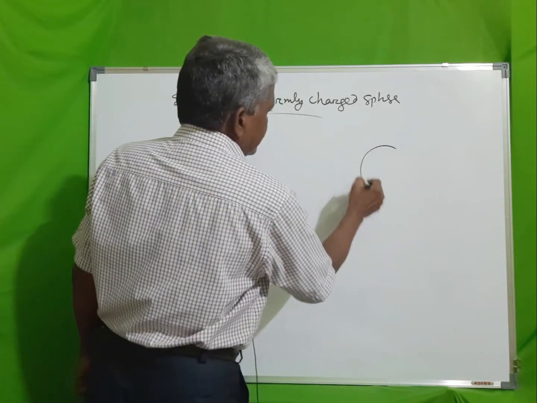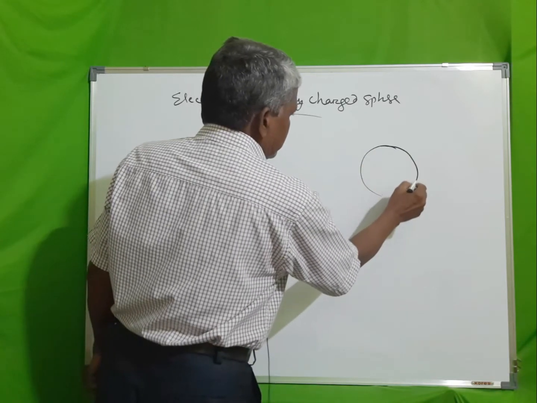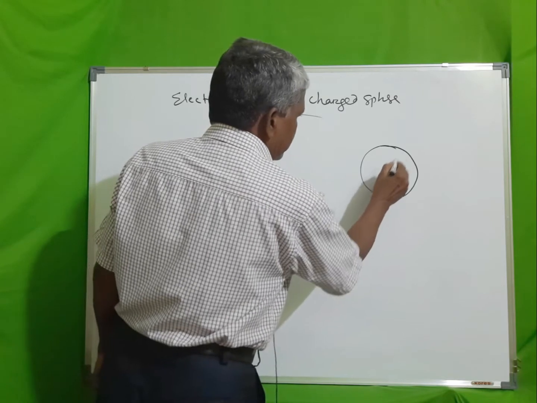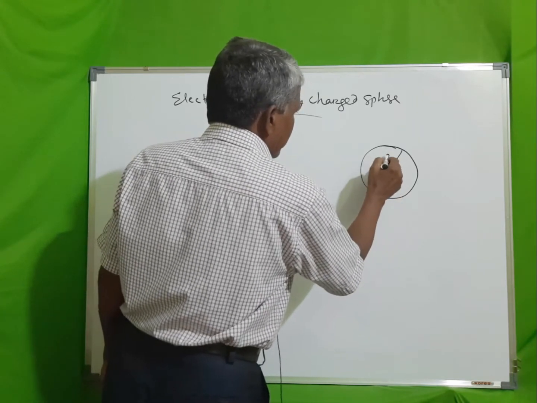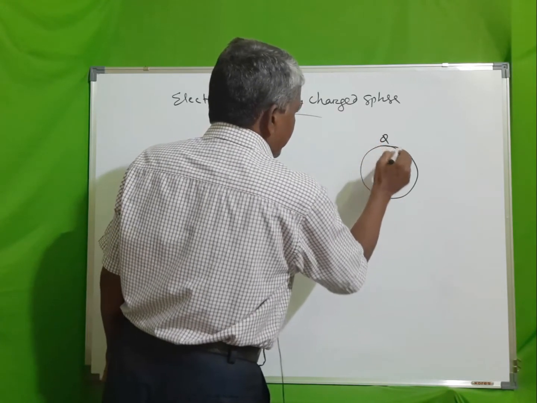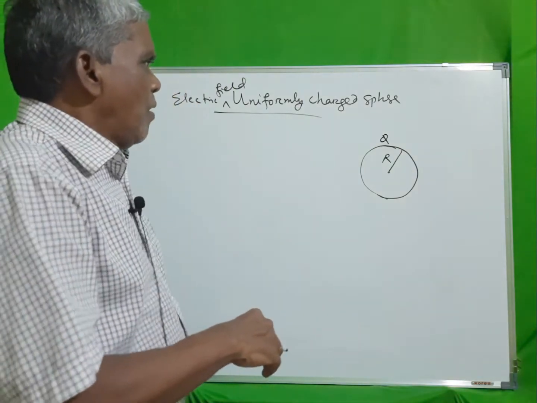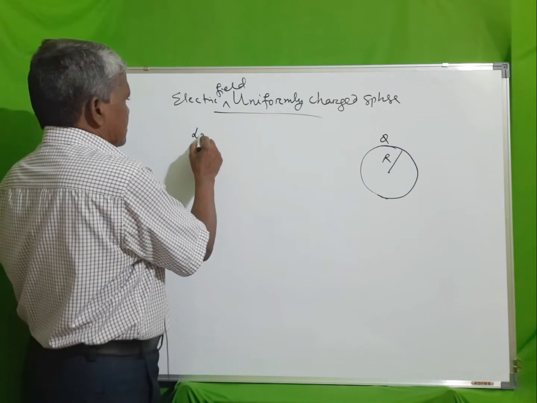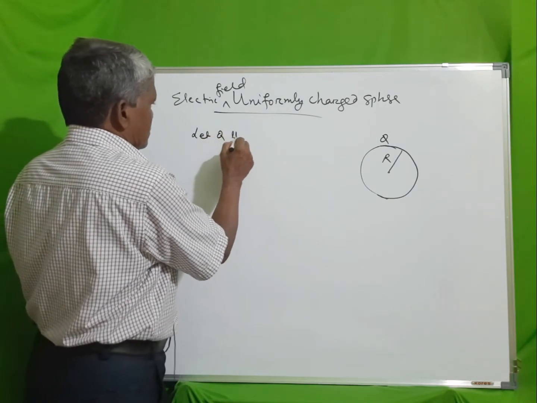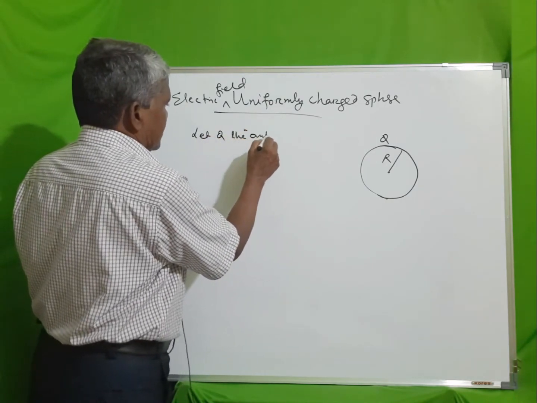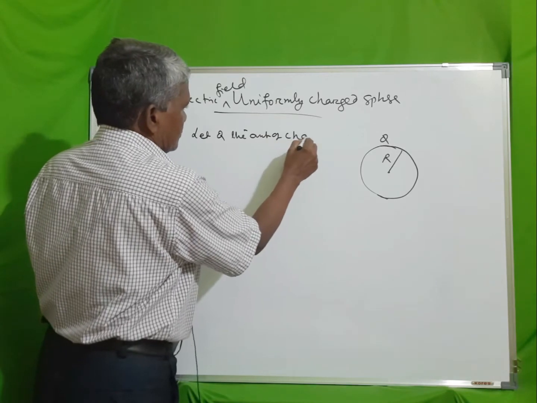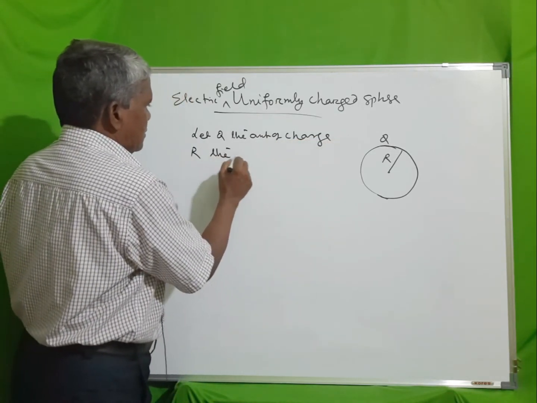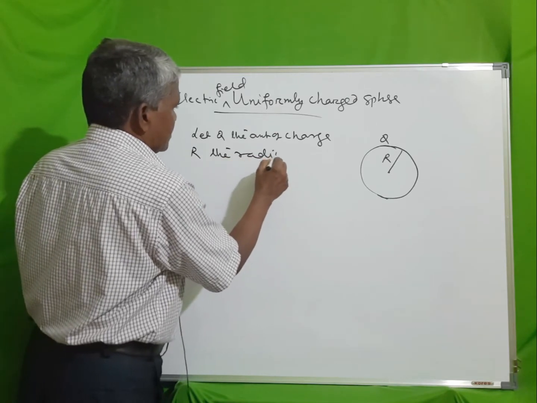Suppose this is a charged sphere of radius capital R. Let Q be the amount of charge and capital R the radius of the sphere.